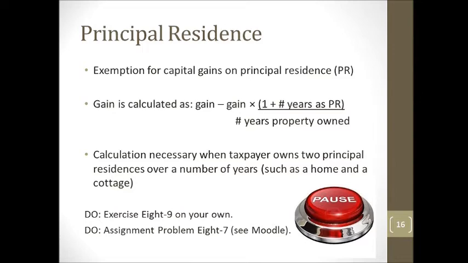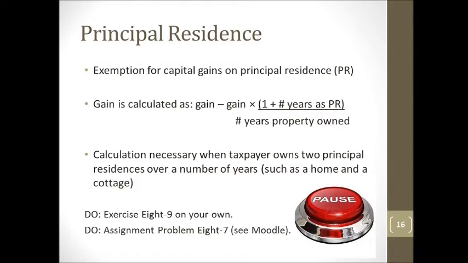Now, technically, the capital gain on the disposition of a principal residence is taxable, and then the gain reduction formula, as shown here on the slide, is used to reduce the gain to the appropriate amount. In the formula, you will notice that the taxpayer must designate the number of years this particular property is deemed to be the taxpayer's principal residence.